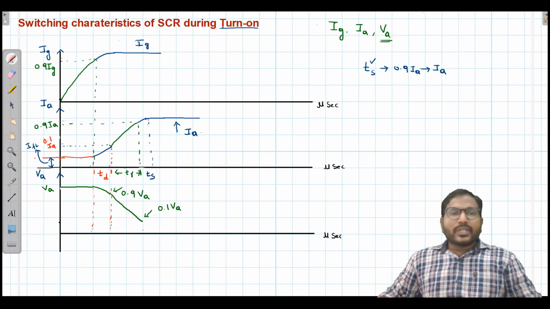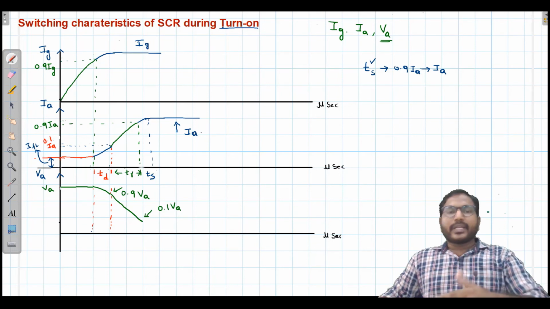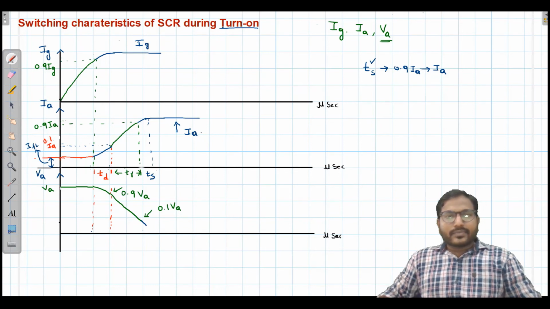Okay. So in this time, when SCR reaches its complete conduction, the drop will decrease further and reach the value here.